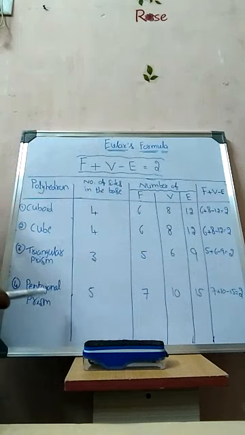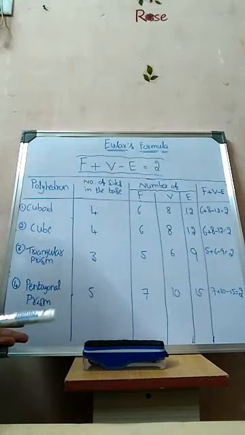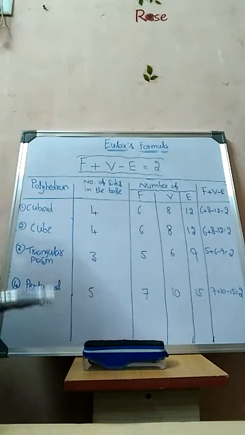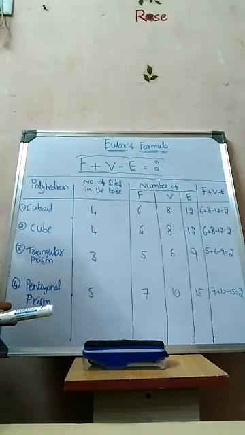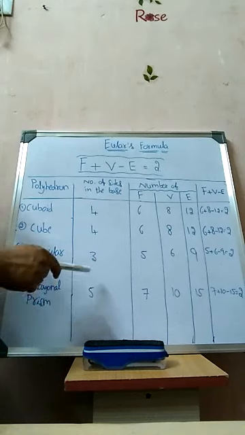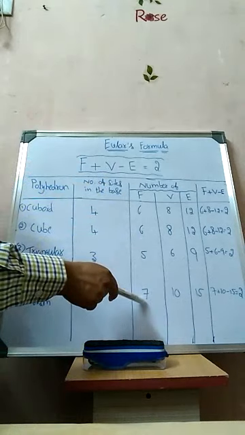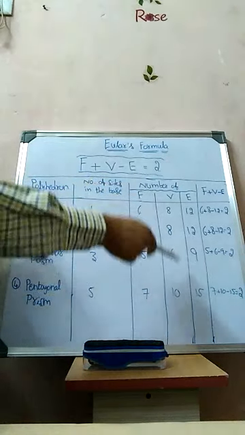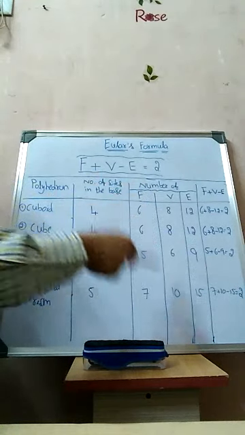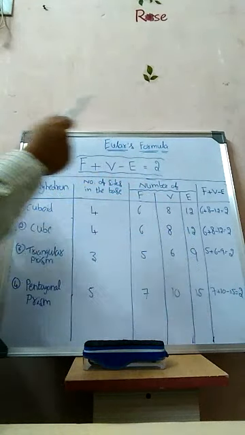And one more. This time I took pentagonal prism. Its base is a pentagon. That's why it is called pentagonal prism. So pentagonal prism clearly has 5 sides in the base. It has 7 faces, 10 vertices, 15 edges.